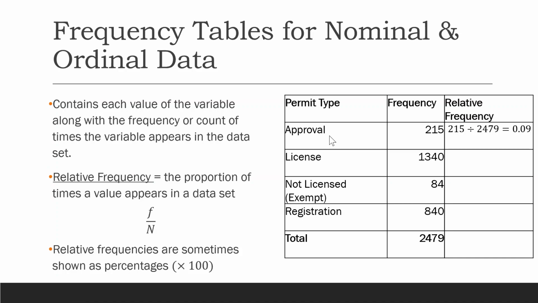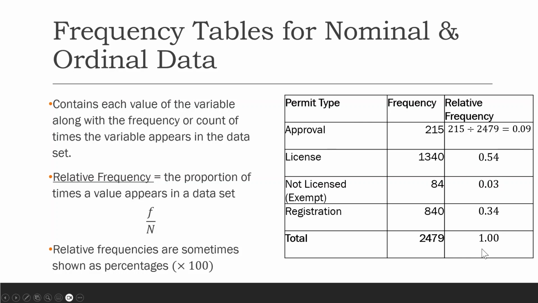And so just as I said, the relative frequency can be another column in my frequency table, and I do that for all of my values. I get a standardized way of seeing our data instead of looking at these numbers here. Now notice here, if I add up these proportions, these relative frequencies, they should add up to 1.